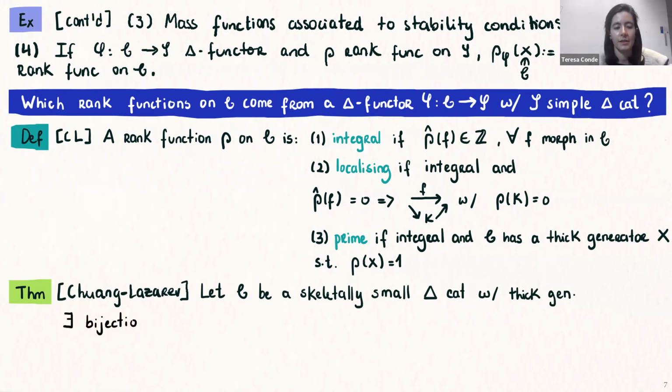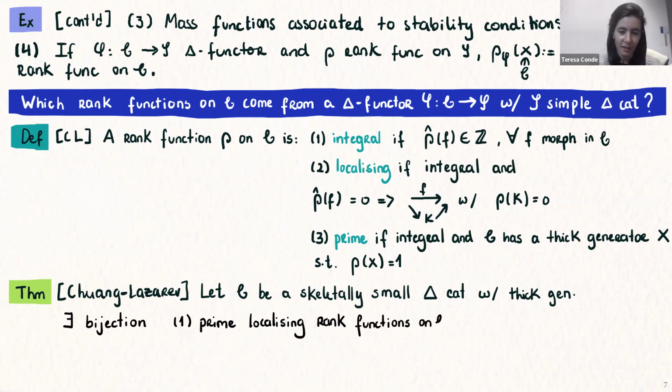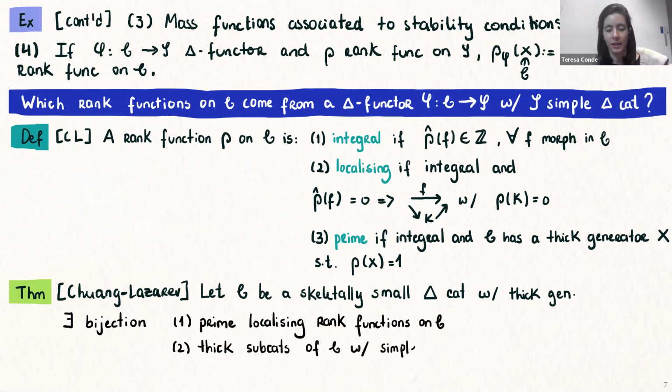Then there exists a bijection between prime localizing rank functions on C and thick subcategories K of C, such that C quotiented by K is a simple triangulated category.